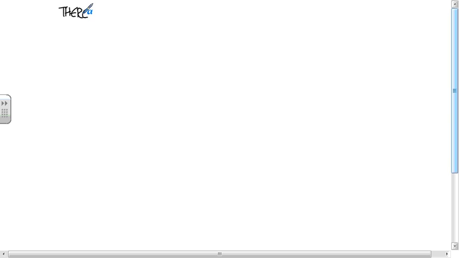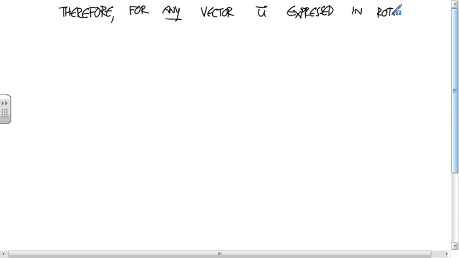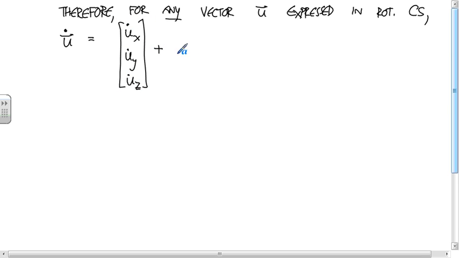Let me say one more thing before I go into that. Therefore, for any vector u expressed in a rotating coordinate system, that vector dot is equal to the time derivative of the components plus the angular velocity of the rotating coordinate system crossed with that vector.